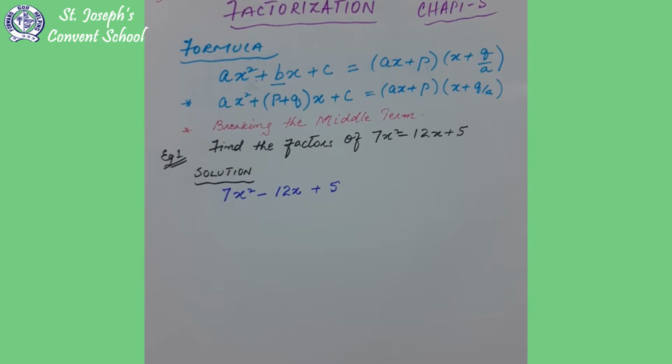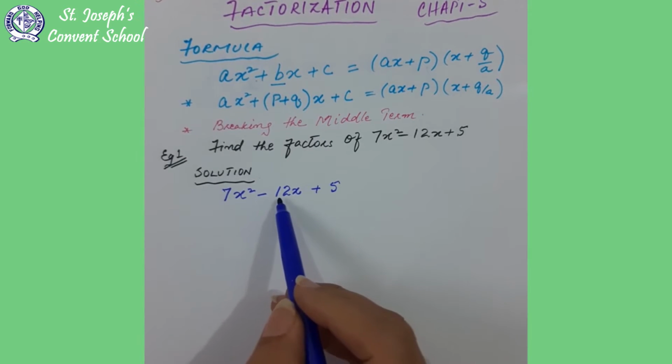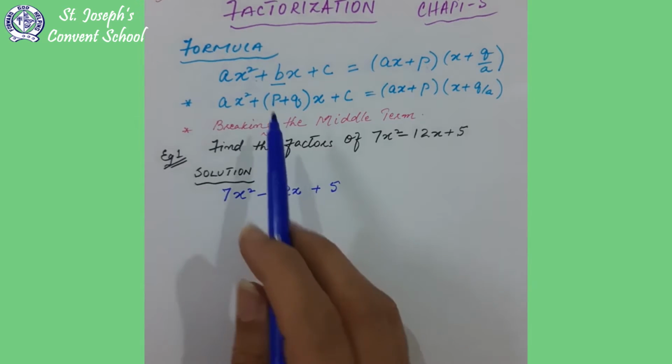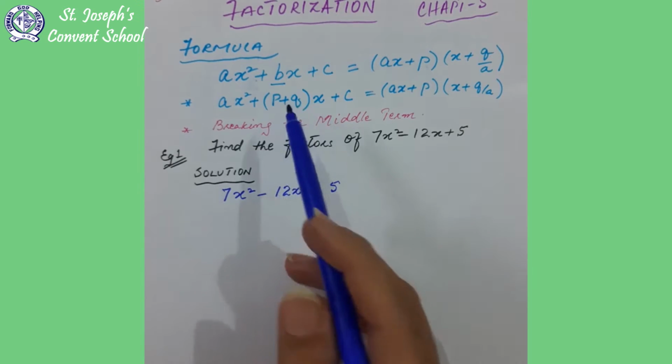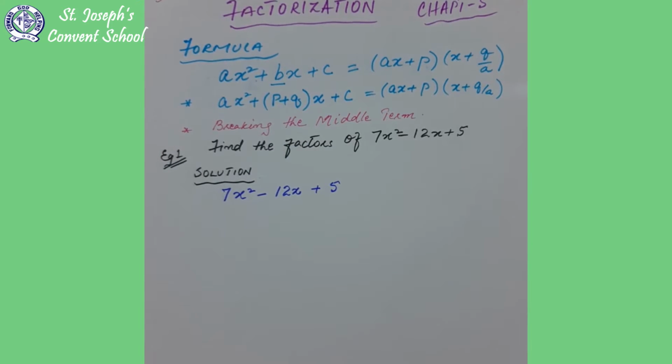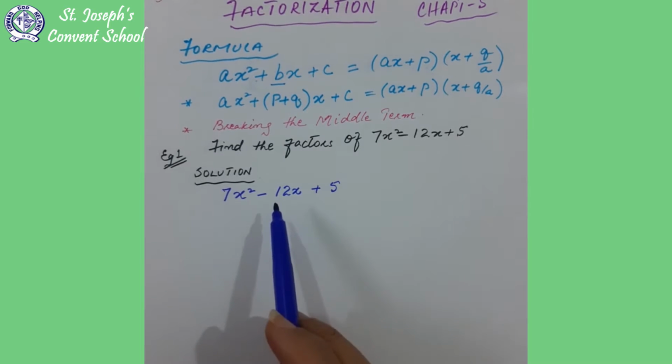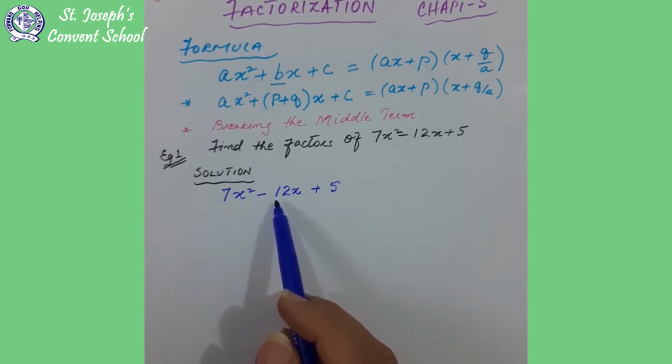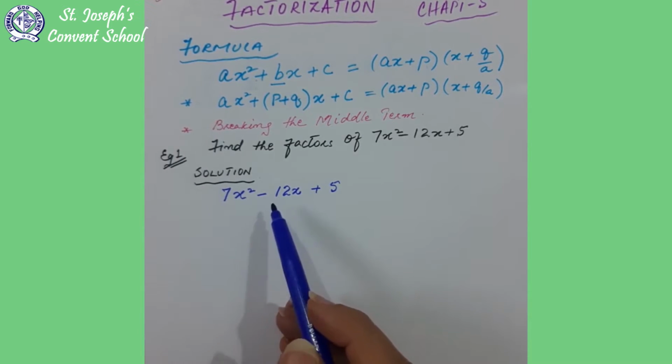How to write the two factors instead of 12? This is actually a, this is b, and this is c. Now you will break this b into two factors, p and q. Now how to find these two factors, p and q? You cannot simply write 6 plus 6 is 12 or any other number. It is not correct. You cannot write it.